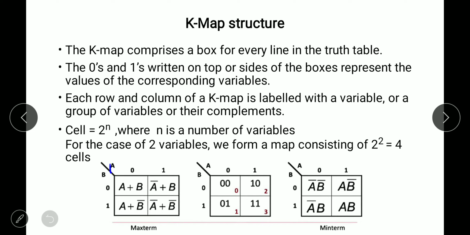Here we take the inputs of the A column, and here the inputs of the B column. Then if you see here A plus B, then A bar plus B, then A plus B bar, A bar plus B. So first we have to write likewise.